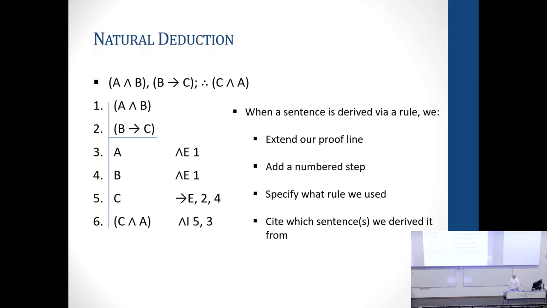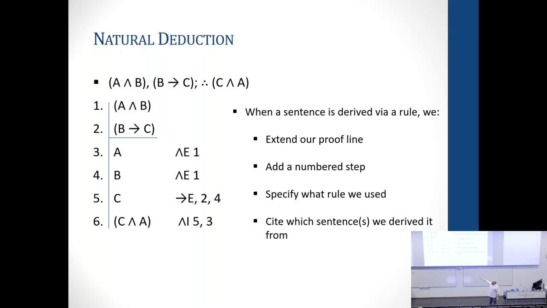So again, note what we're doing every time. We're citing the rule we've used, the sentences we're using. Yeah. Can you explain again why we're adding numbers? Good. So what the numbers are doing is telling us which sentences we're applying our rules to. So just take our last one, where we added the conjunction. We need to cite what are the two lines that we're taking as our conjuncts.